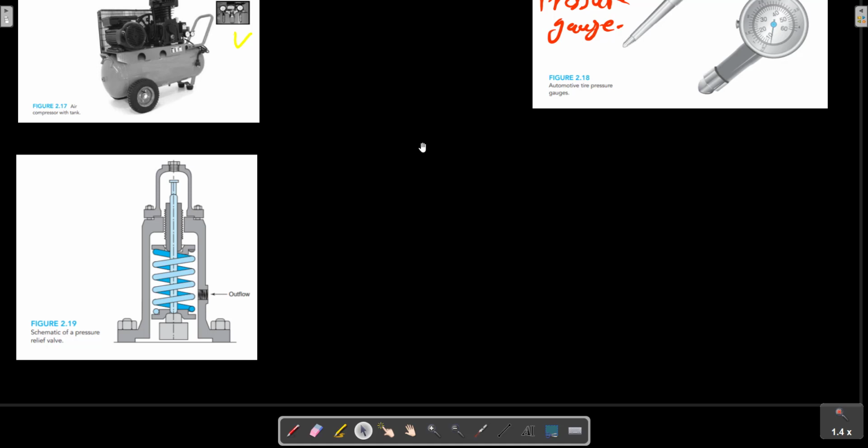The spring can be compressed to make the valve open at a higher pressure, or the opposite. This valve is used in a pneumatic system.